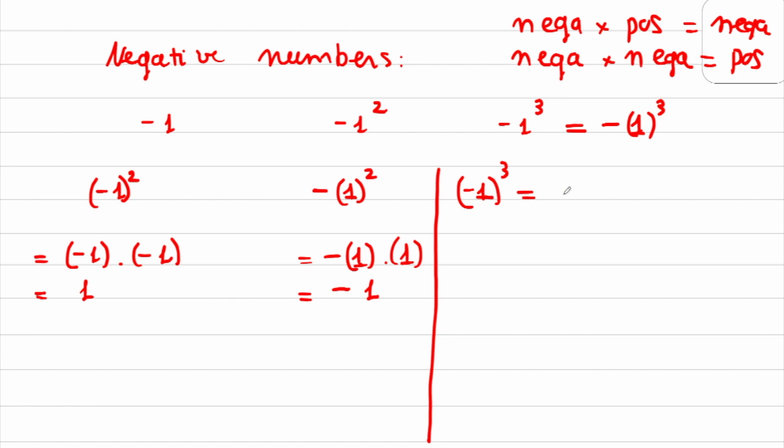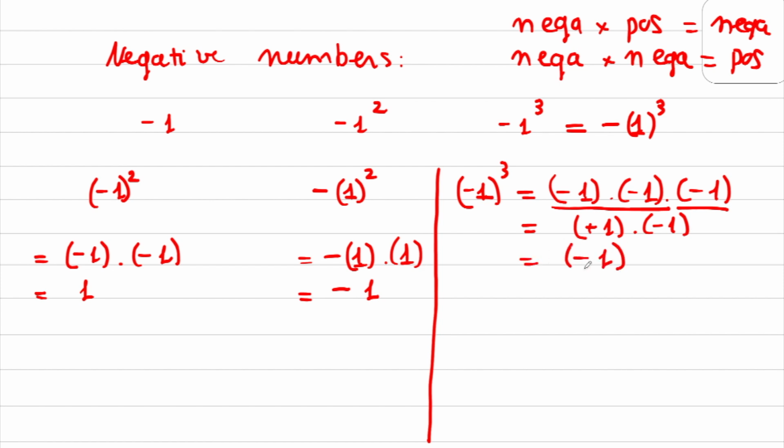For this writing, this will be -1 multiplied by -1 and multiplied by -1. And because you have an odd power for a negative number, this means the result will be negative. You can see here, minus times minus, you get +1, and the rest will be multiplied by -1. After that, you get -1 as the result.